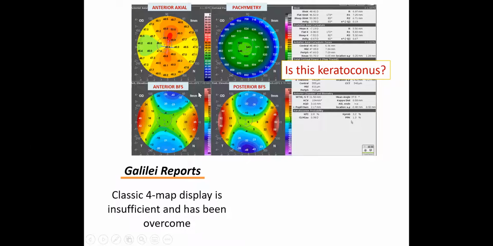Originally it was classified as keratoconus, despite the thickness being perfect, and both anterior and posterior best fit sphere maps were completely normal. All the indices were normal. And this is the classic display you are going to get in practically all the devices. This is overcome and totally insufficient.